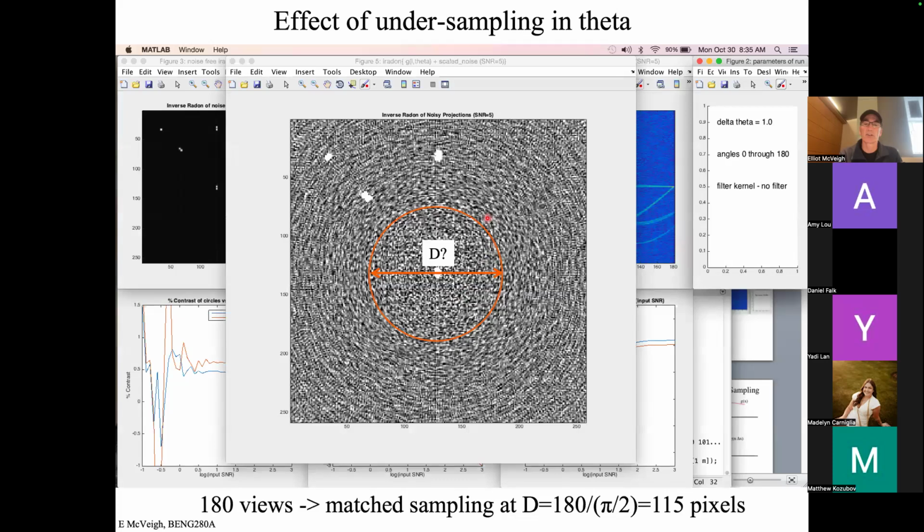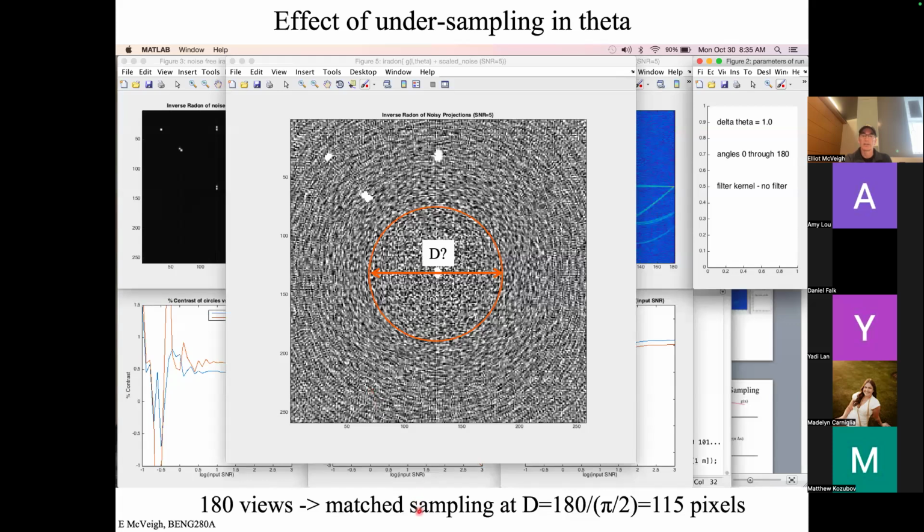So let's go back to this example. Here's a diameter, and we can ask, inside this diameter, perhaps I am achieving the Nyquist criterion in both the L direction and the theta direction, right?